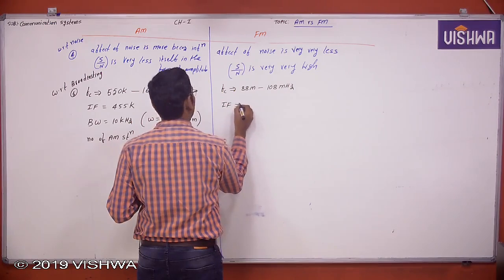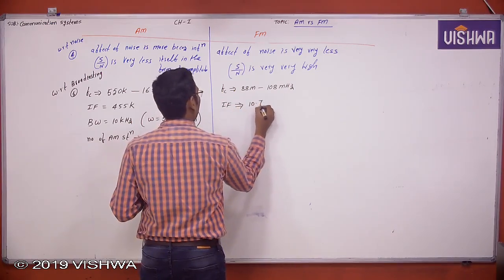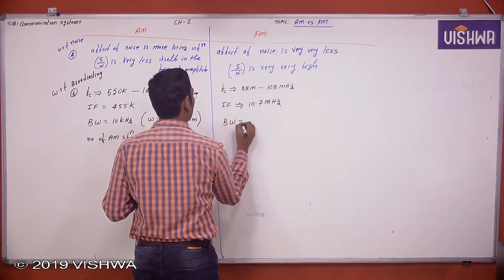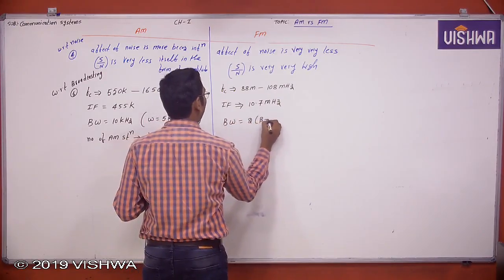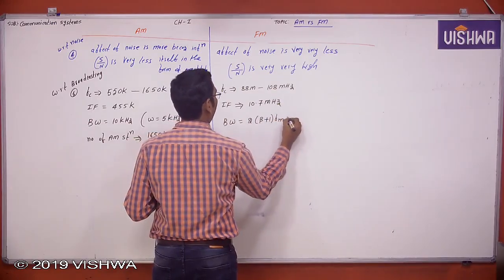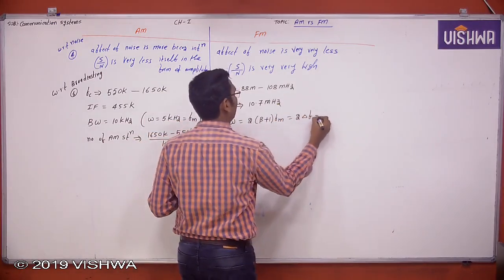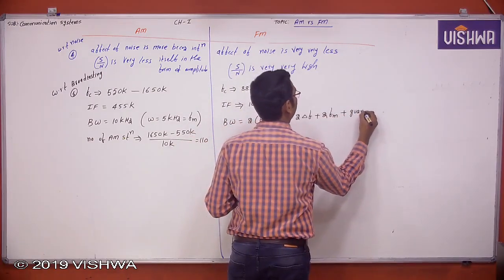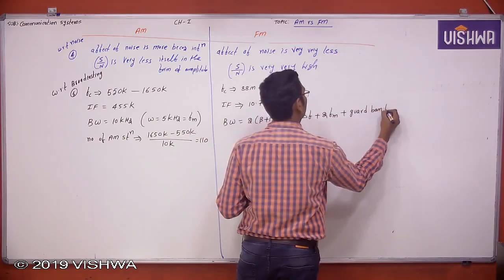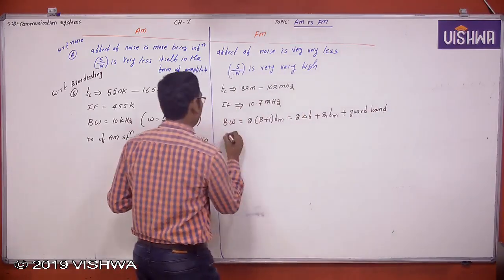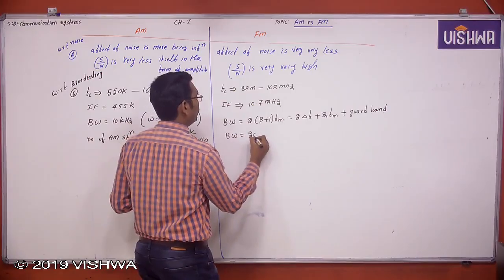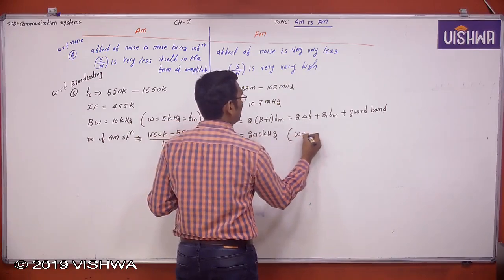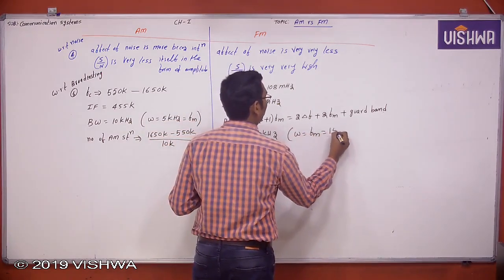Now for FM, the carrier frequency is 88 megahertz to 108 megahertz, and the intermediate frequency is very high, such that the image rejection ratio should be very high. The bandwidth is 2 into (beta plus 1) into fm, or 2 delta f plus 2 fm plus guard band, which is equal to 200 kilohertz, and the highest audio frequency is band limited to 15 kilohertz.